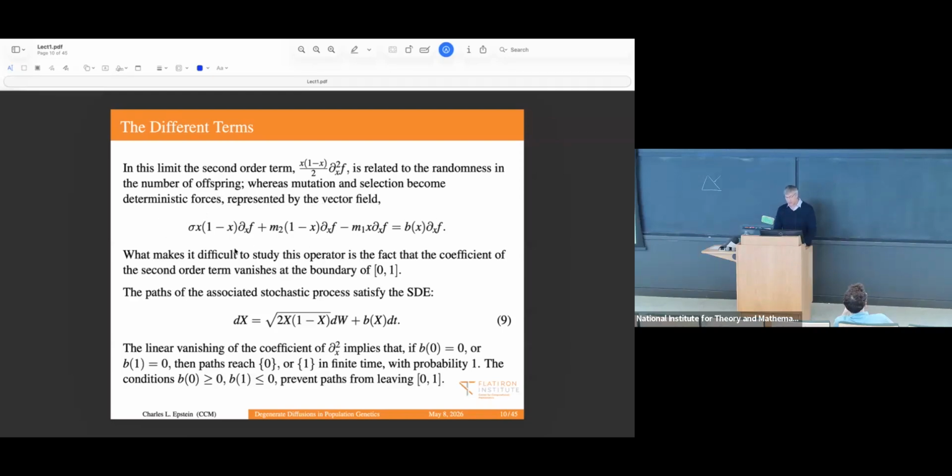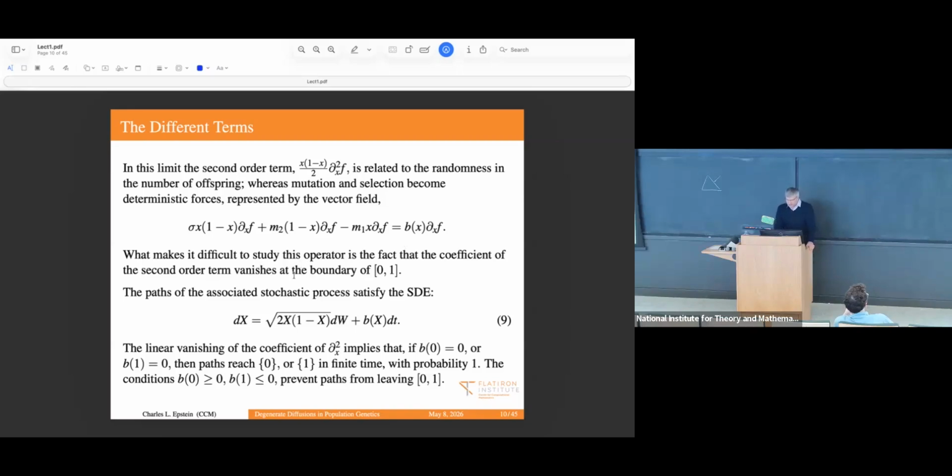If the whole model were given by just that, if the diffusion term were 0, then it would be a deterministic model. There would be no randomness in the model. We're not saying that mutation or selection are deterministic forces, but relative to the diffusion, they act like deterministic forces.